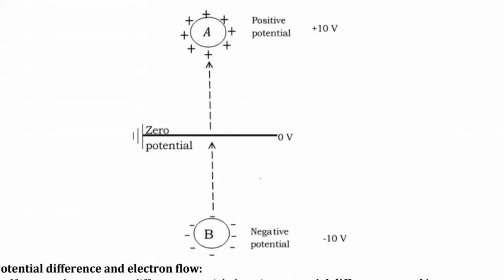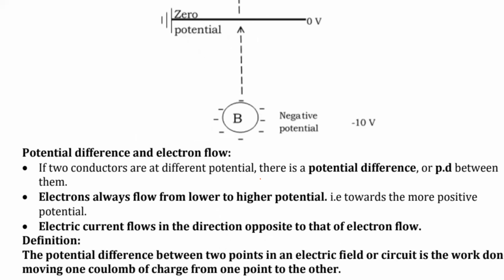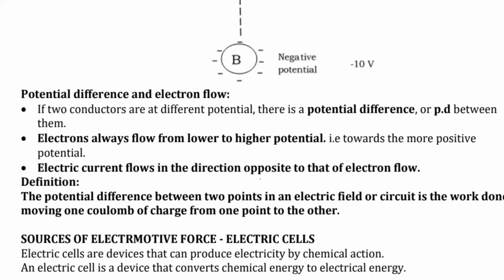The difference between their potentials, positive 10 and negative 10V, according to the diagram, is what later we will call potential difference. So if two conductors or two points are at different potentials, then there is a potential difference between them.